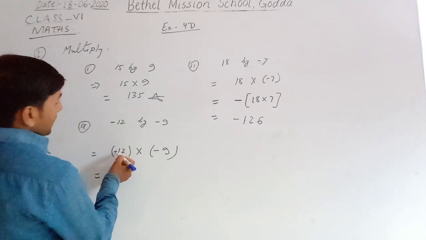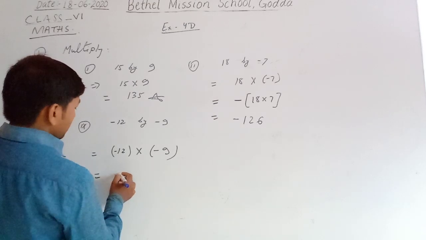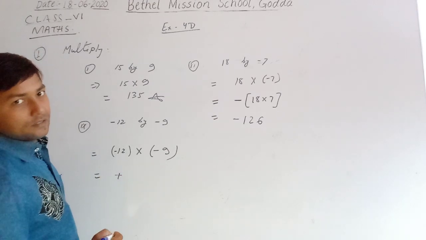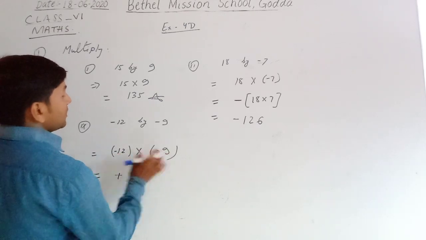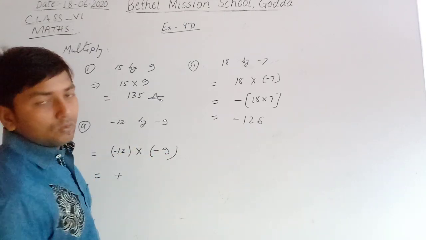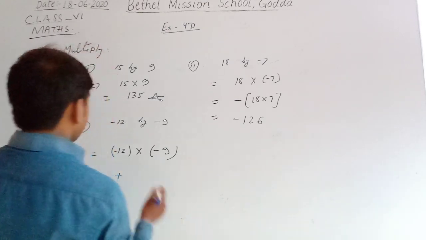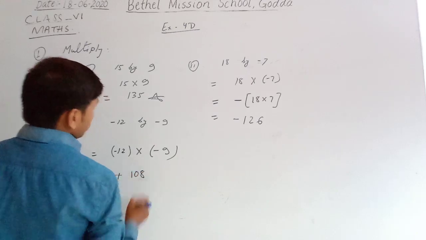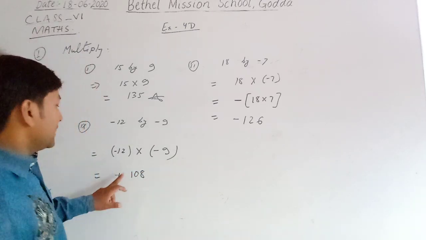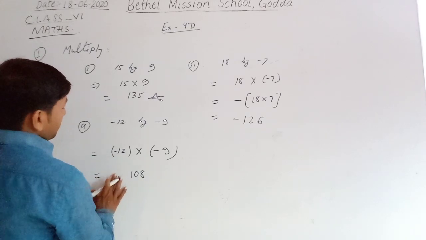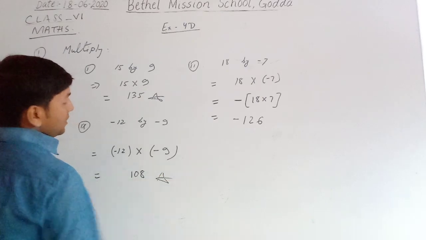When you multiply minus and minus, the symbol becomes plus. Now multiply 12 and 9: 108. It becomes a positive number, so writing the plus symbol or not doesn't matter.